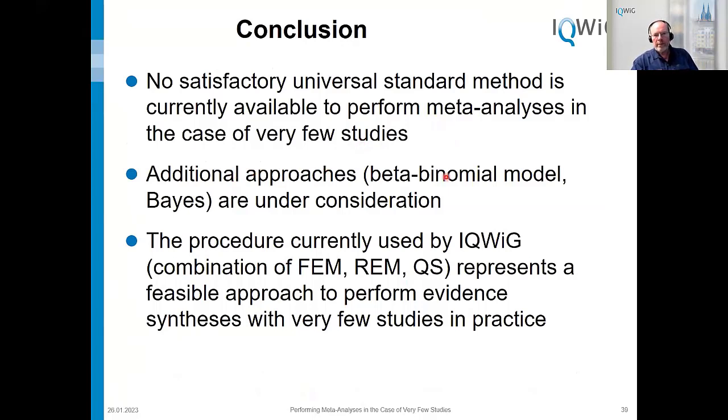Additional approaches, Beta-binomial, Bayes are under consideration, but the procedure we currently use in IQWiG, which is a combination of the fixed effect model, the random effects model, and the qualitative summary of study results, at least represents a feasible approach to perform evidence synthesis with useful results in the case of very few studies in practice, but hopefully can be improved by means of these 2 additional approaches in the future.